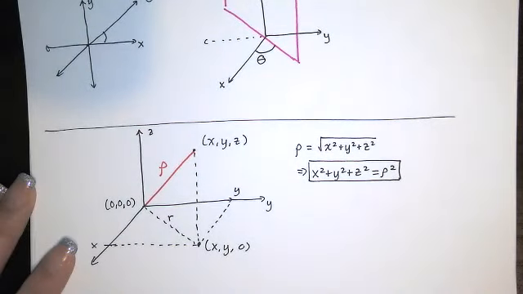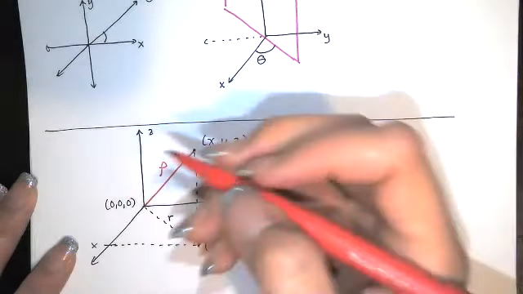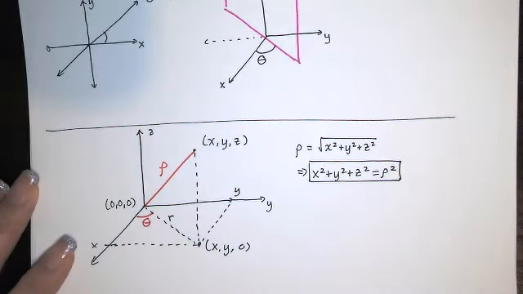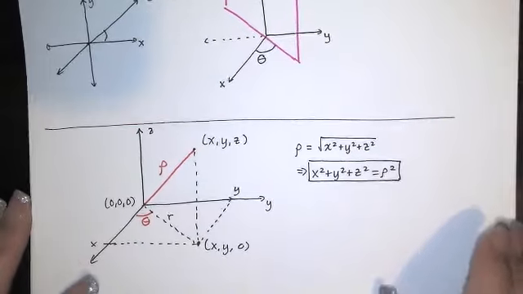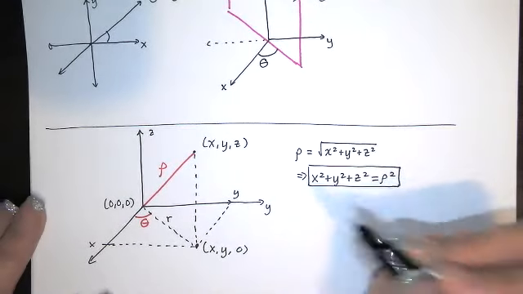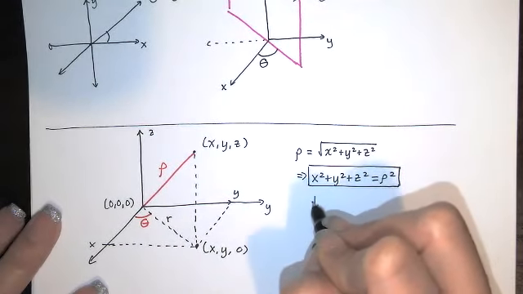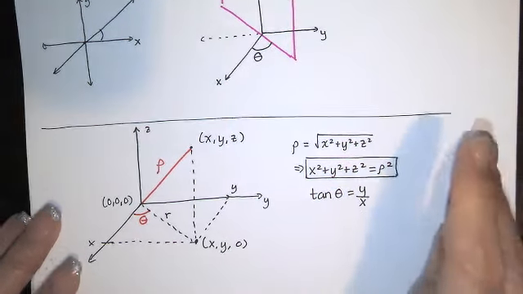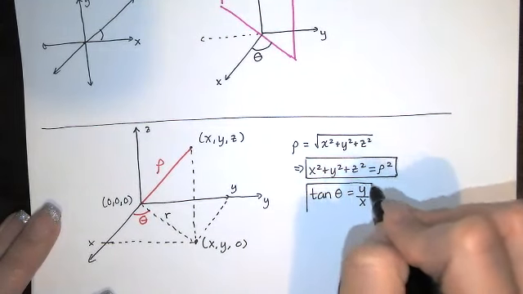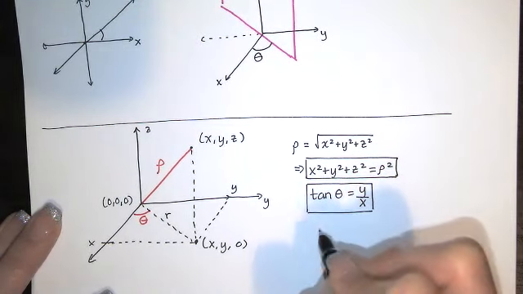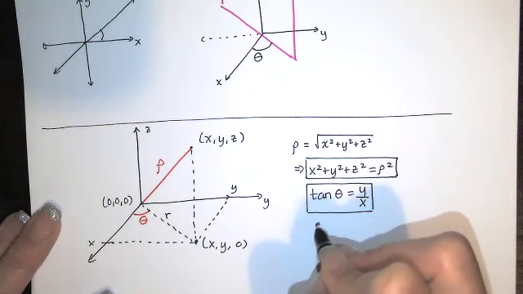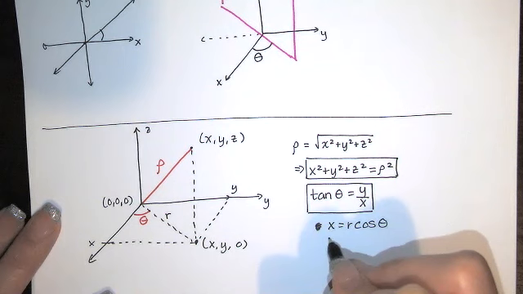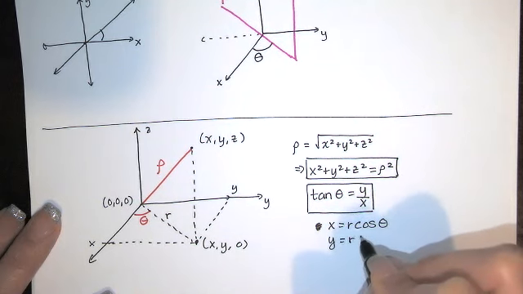Okay, what else? Well, theta is still the same theta from before. So tangent of theta is still equal to y over x. And x can still be described by r cosine of theta, and y can still be described by r sine of theta.